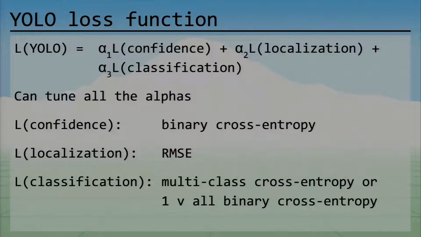So on the topic of loss, we need some loss function that we're trying to optimize. In the case of YOLO, we have 3 different components to our loss function. We have the confidence prediction that we're making, and some loss associated with that. We have the bounding box localization, where we have some ground truth bounding box, and we want our prediction to be close to it.